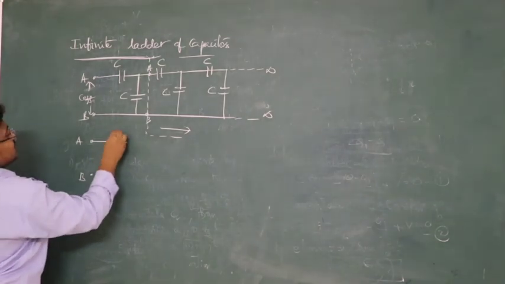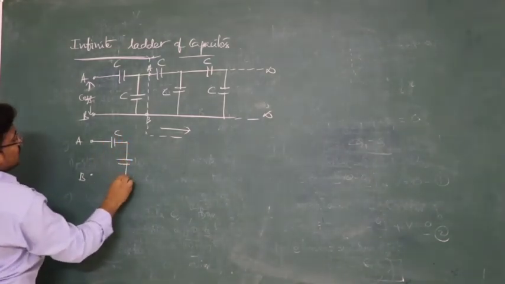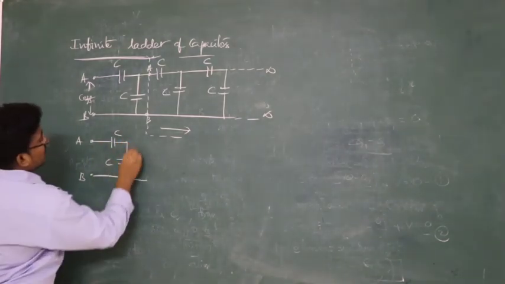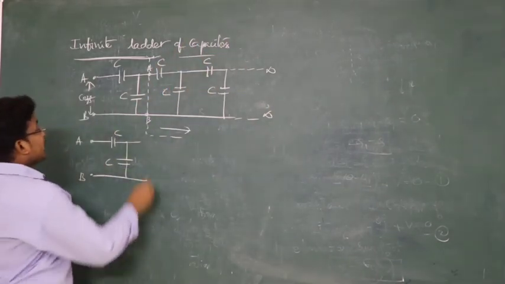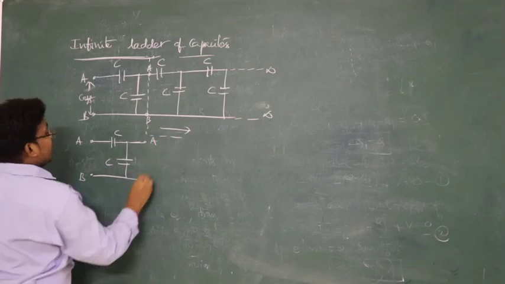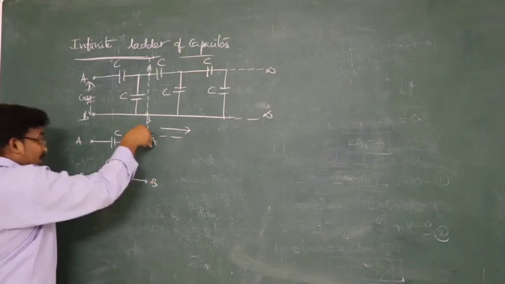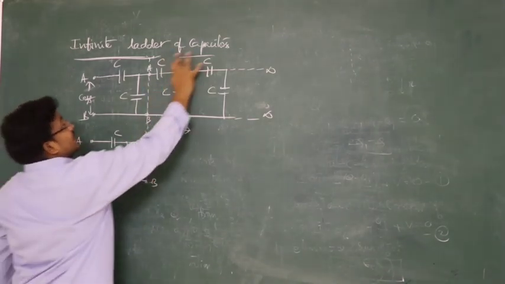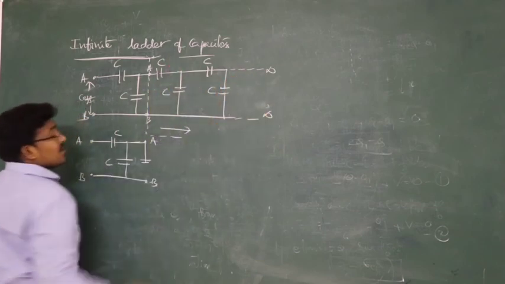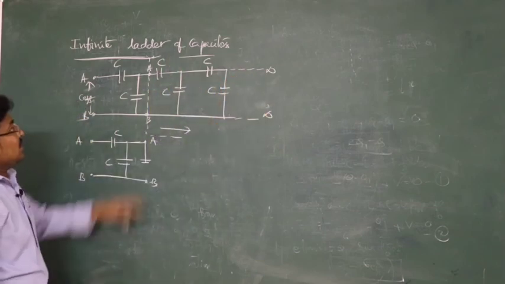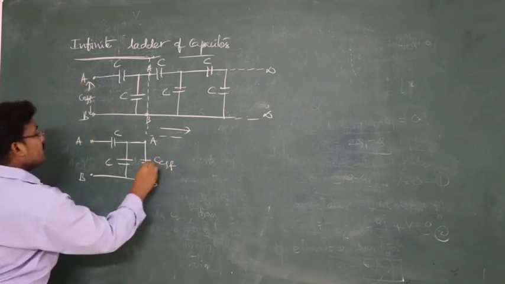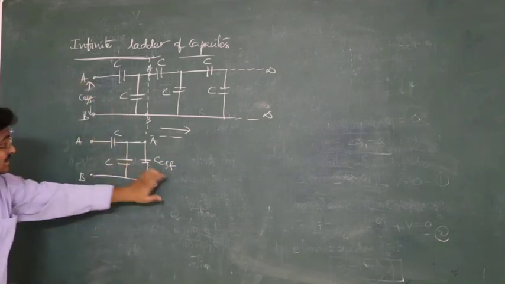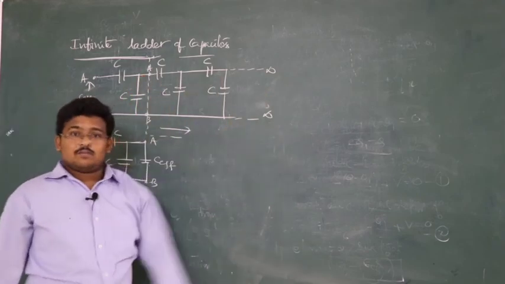Now the first one is C, and this one is also C. Instead of the entire circuit, I am taking two points A and B here. Instead of all these capacitors, I will keep C effective, which represents all of them.